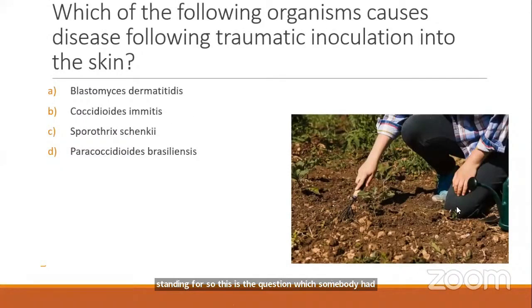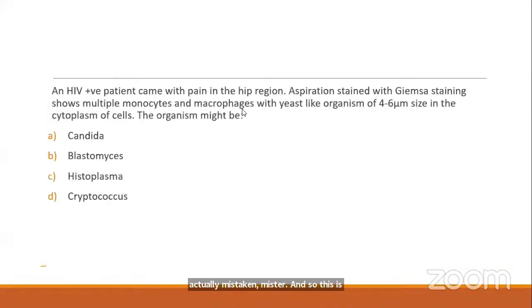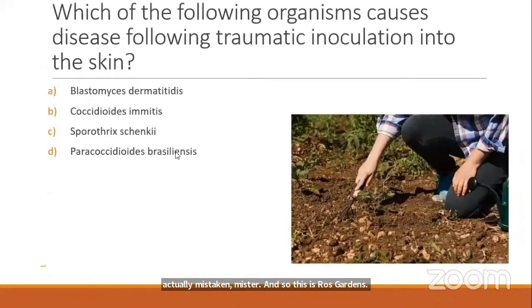So this is Rose Gardener's disease. Following traumatic inoculation into the skin, you will see Sporothrix schenckii infection. Okay, so it is Rose Gardener's disease. You will identify it mainly using the pattern of lymphatic involvement.